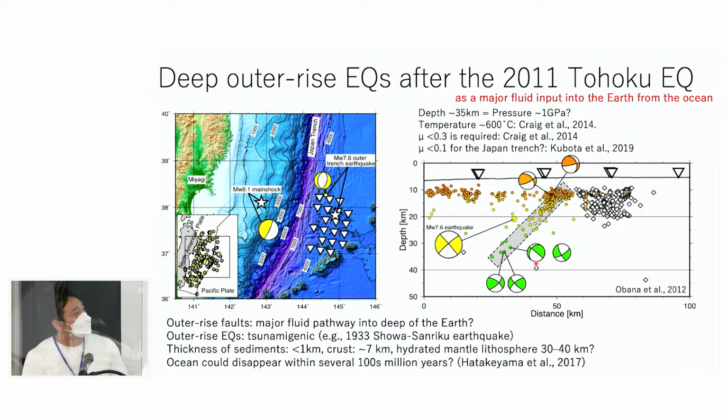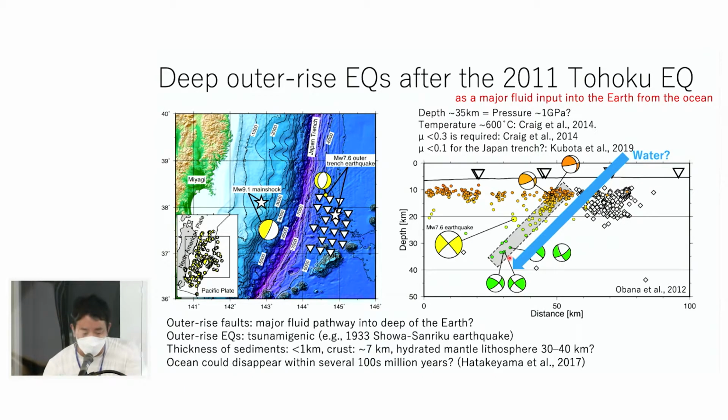So this means these deep earthquakes occurred within the mantle, actually, the subducting outer rise region of the mantle. And these are actually normal faulting, so triggered by, induced by the extensional force. This means there's a possibility of water penetrating deep into the Earth, possibly 40 kilometers in depth.